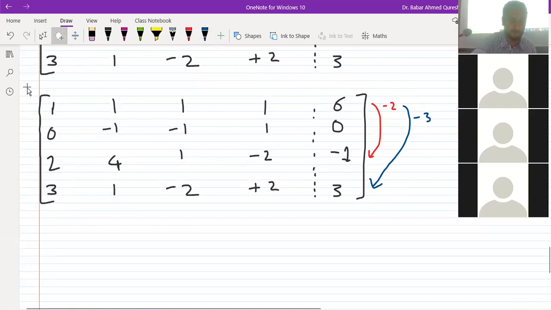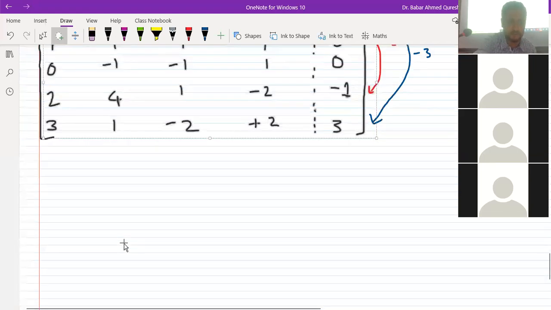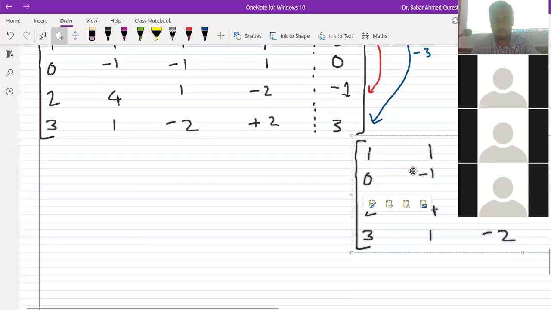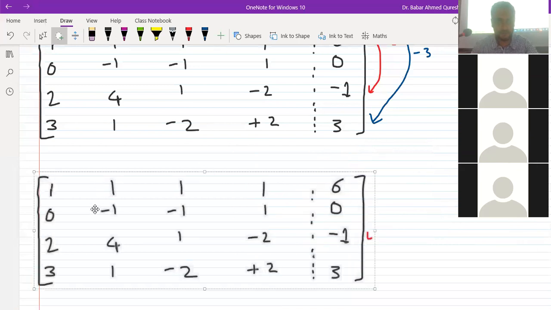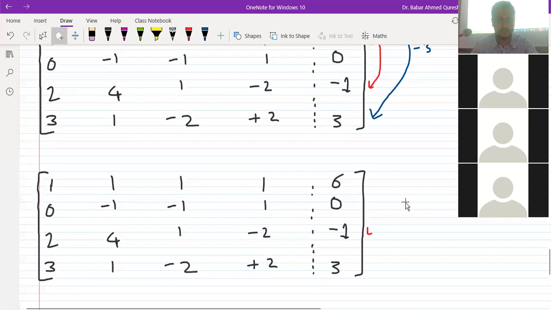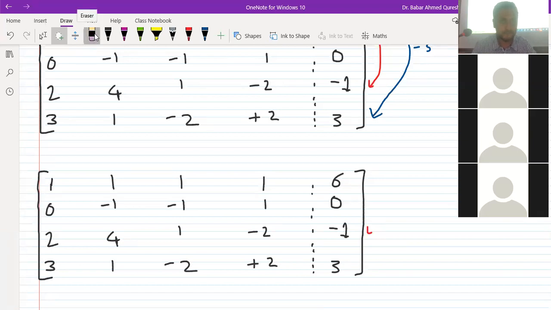So this lasso tool, so when I do those operations, the first and second rows remain the same. Why can't I select it?